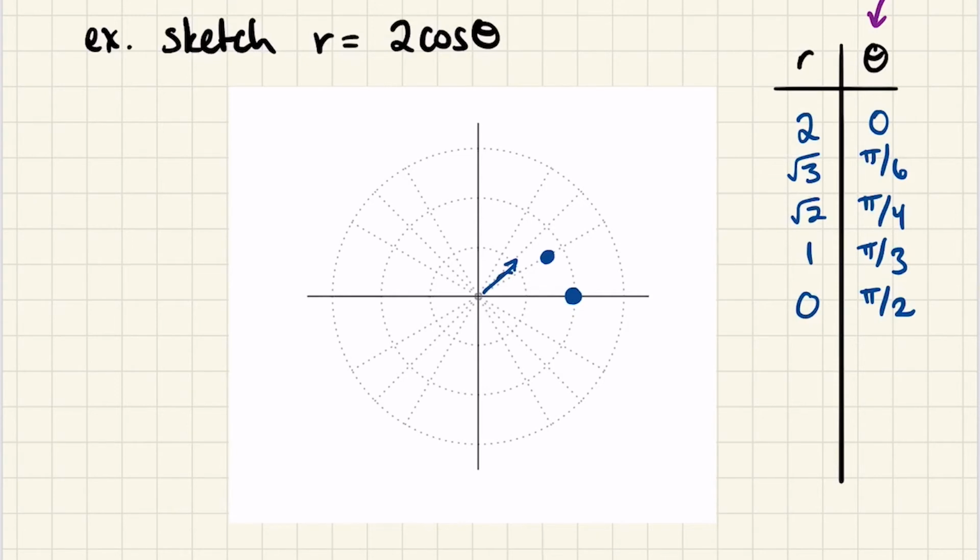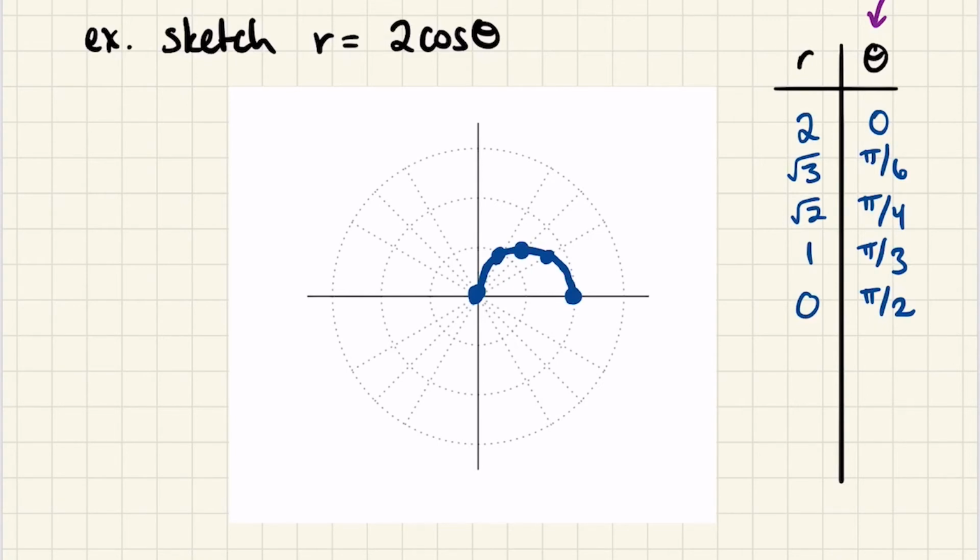That's about 1.4. When theta is equal to pi over 3, r is equal to exactly 1. And when theta is equal to pi over 2, r is equal to exactly 0. Okay, so what we have here is what appears to be the top half of a circle. And indeed, that is what that is.